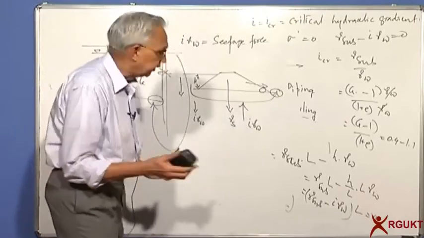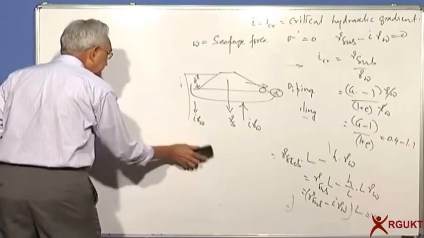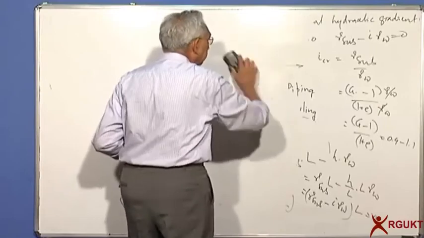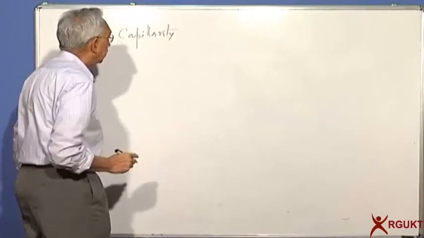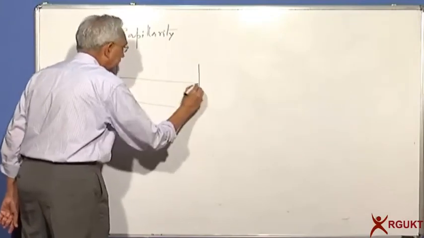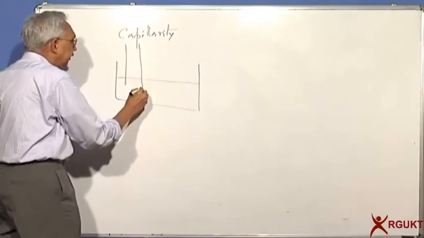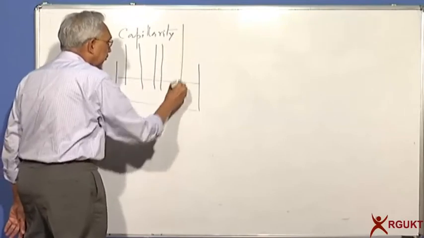One more last thing I would like to add here is the fourth type, which we call capillary rise and capillary force. We call it capillarity. Suppose you take a tray of water in a container. Let us say you put a big diameter tube, a medium diameter tube, and a capillary tube.